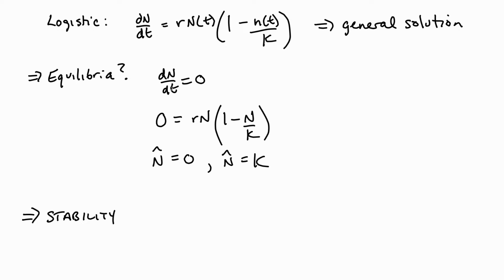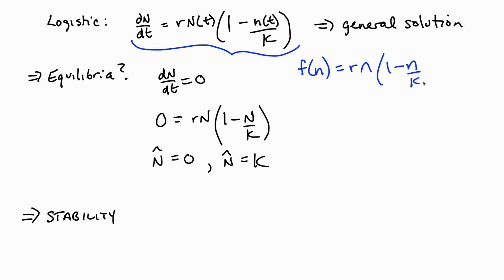Now, I'm going to take my original function, and I'm going to call it something else. I'm going to call it f as a function of n now, which is Rn times 1 minus n over k. This now is the description of how this derivative changes with n instead of with t.